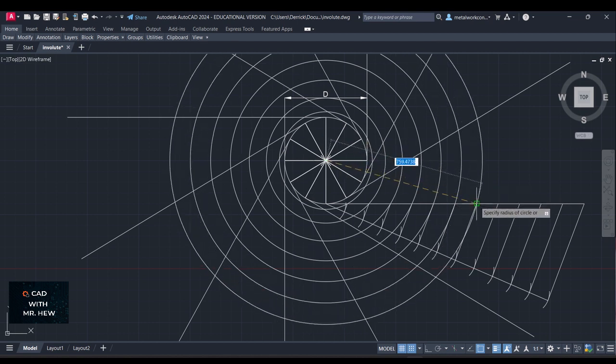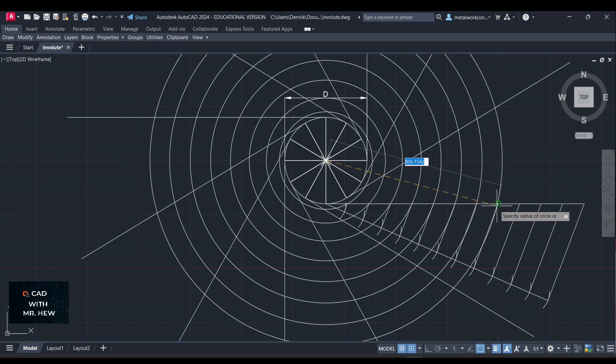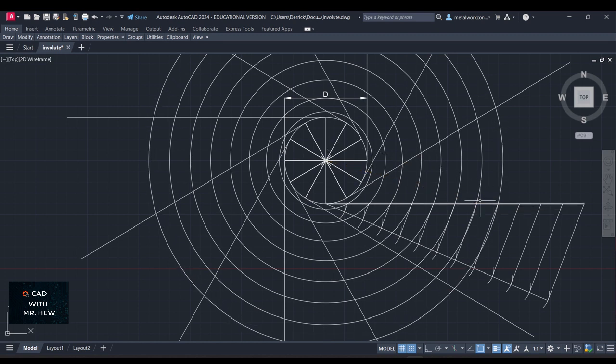Center, compass point on your compass. Radius there. So the next radius will be at the end where these two lines intersect, right? This is right at where that red dot is, okay? So we go again. Center, radius there with your compass.